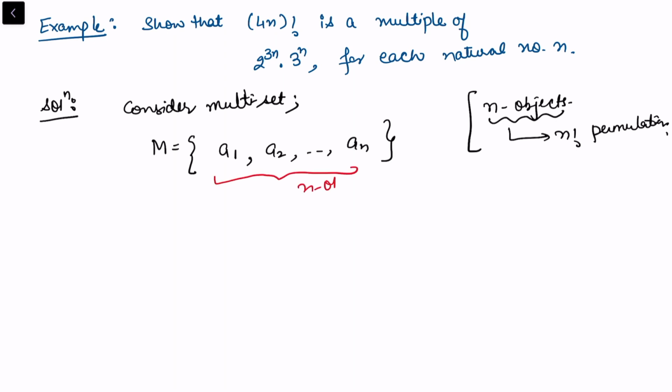These are n objects. But in the multiset notation, if we also take their multiplicity, the first object is repeating 4 times, the second object is appearing 4 times, and the nth object is also appearing 4 times.